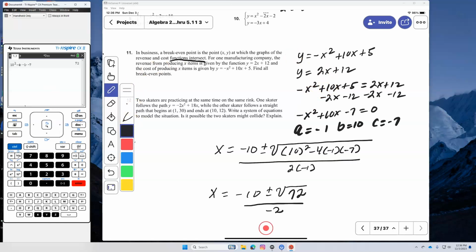So the first answer is parentheses negative 10 plus the square root of 72, divided by negative 2.